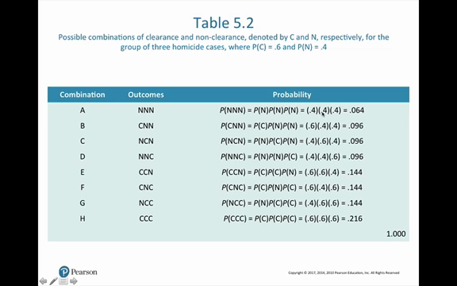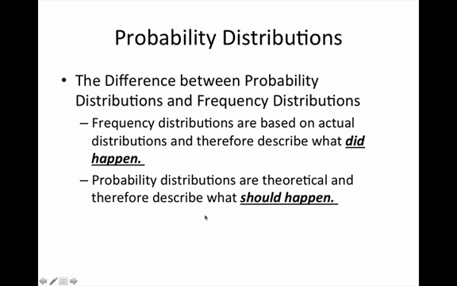So 0.4 times 0.4 times 0.4 means that I can be 6%. It's 6% likely that any 3 are going to be non-cleared. And so along this way, we can solve for probabilities of all of these different combinations across these various options.